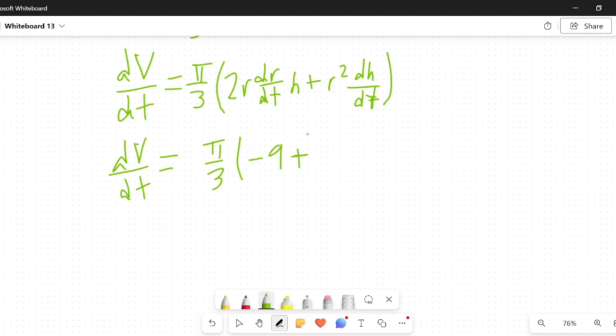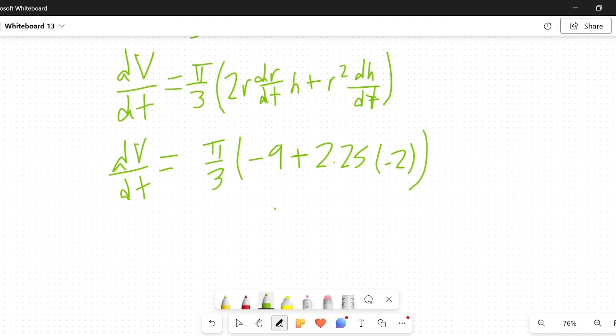Now we add r squared. The radius is going to be 1.5, so 1.5 squared is 2.25. Multiply that by dh over dt, which is negative 2, and this is going to become negative 4.5.